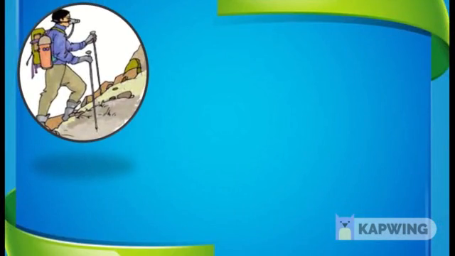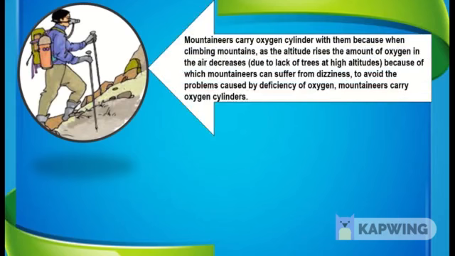Now students, look at this picture. You can see a mountaineer is climbing a mountain and he is carrying a cylinder on his back. Now why is it so? Mountaineers carry oxygen cylinders with them because when climbing mountains, as the altitude rises, the amount of oxygen in the air decreases because of lack of trees at high altitudes.